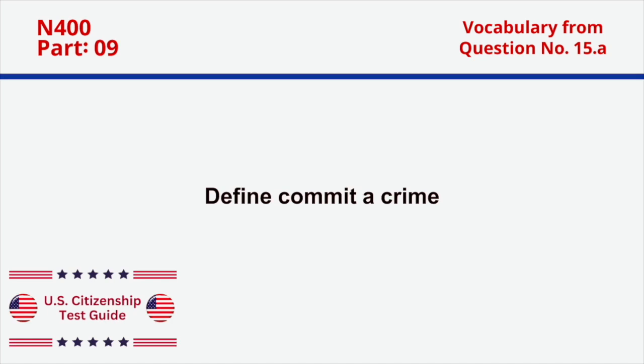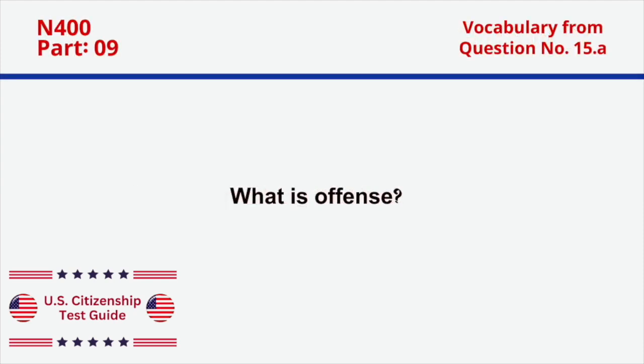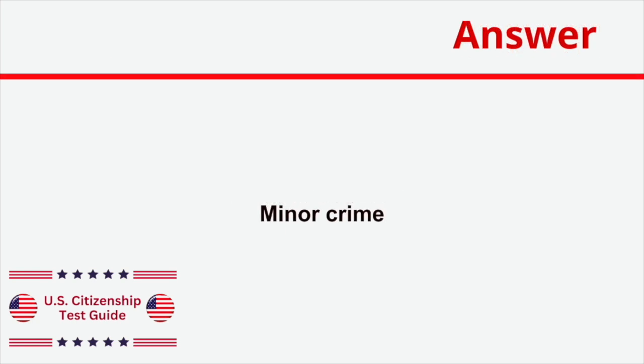Define commit a crime. To do something that breaks the law. What is offense? Minor crime.